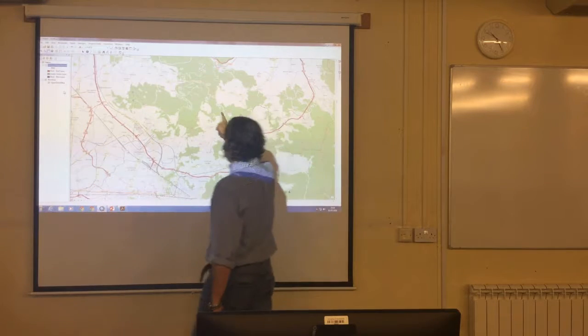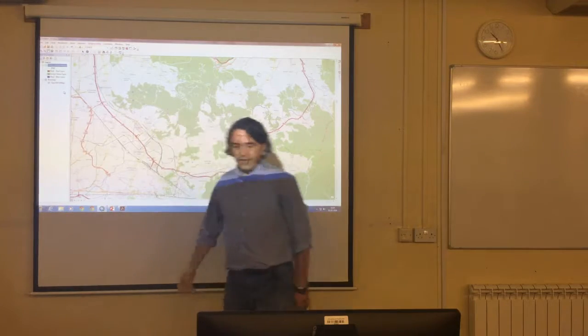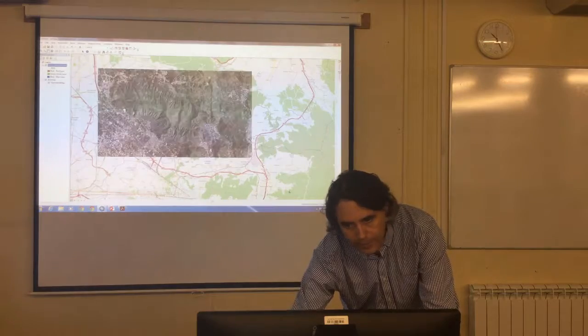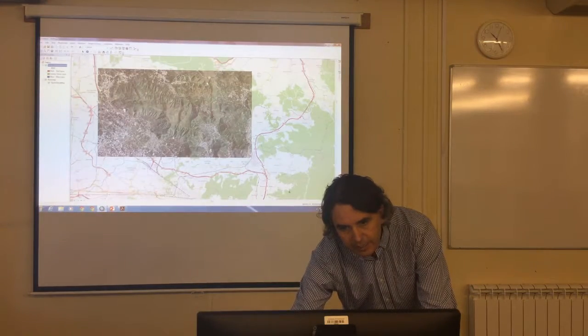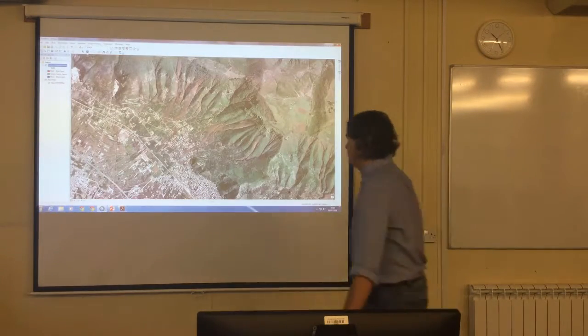Essentially, this whole region here was affected by the debris flows. I've given you imagery of them. If you zoom in, you can see the debris flows themselves, and we can see the tracks of them here.